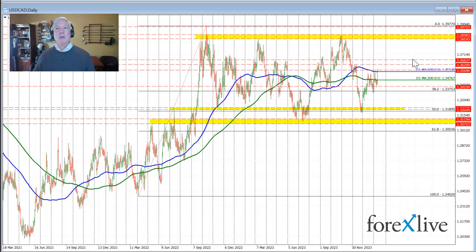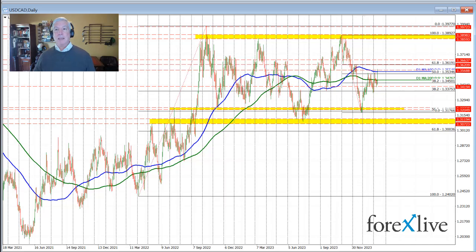Above that, maybe look toward the 136.63 level. If I put a Fibonacci retracement from this high to this low, we're above the 50% retracement. The 61.8% comes in right around this high near the 21 level, so 136.19. That increases that level's importance as a target on the topside for the dollar versus Canada.